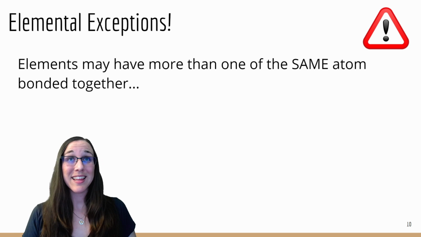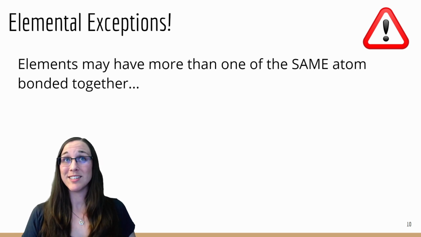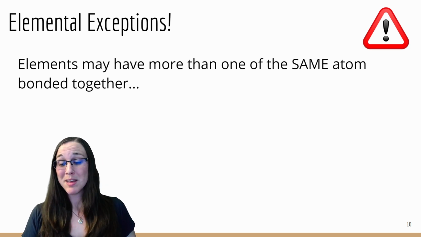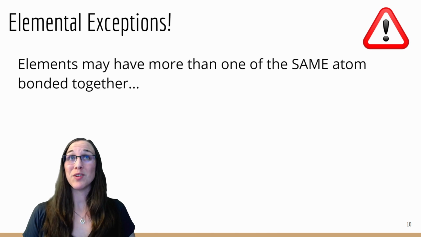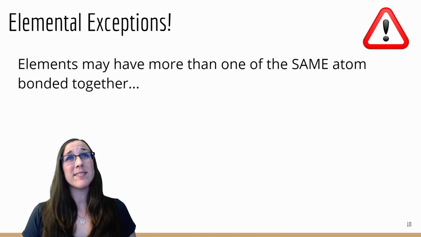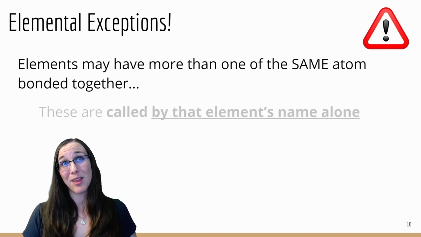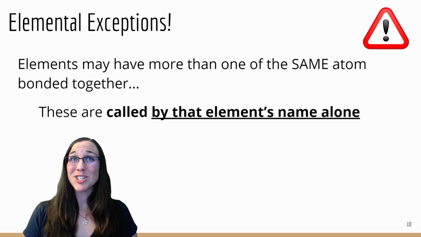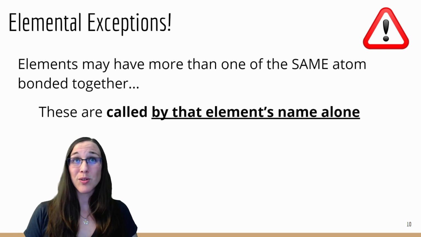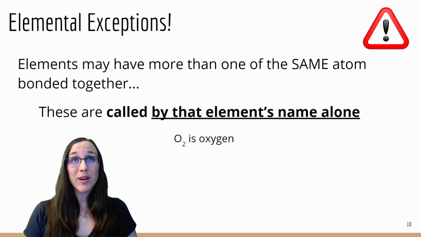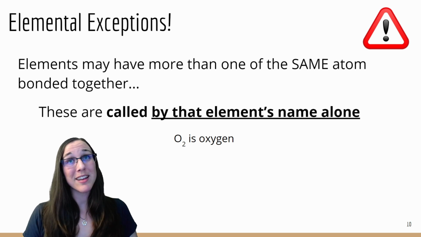As with anything in life, there are always exceptions, even as annoying as that may seem. So here's one of the exceptions for naming. When it comes to elements, you might end up with more than just one of the same atom bonded together to make an element. So if that's the case, you're going to call the entire molecule or the entire element itself by the element's name alone. So for example, O2, a diatomic, is just oxygen.